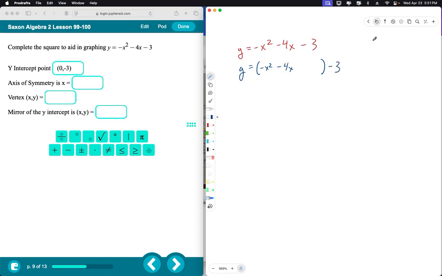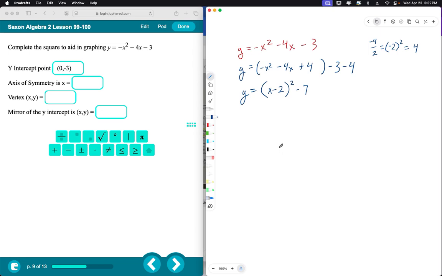I'm going to take the negative 4 divided by 2, that's negative 2, square that, and that equals a positive 4. So I'm going to add 4 here, subtract 4 here. So it's balanced. We're not adding anything to this side of the equation. We're just making it to where we can factor. So y is equal to, we're going to factor this. We put the x with this number here, x minus 2 squared, negative 3 minus 4, negative 7.